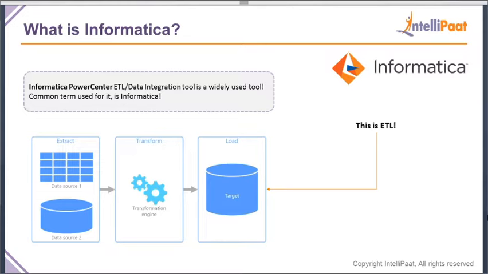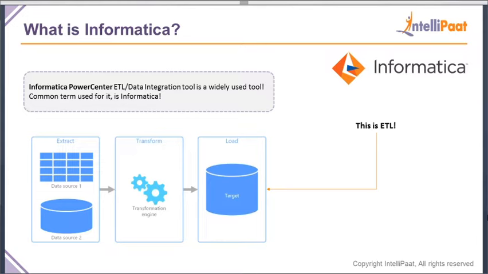Let me give an example. I have a source with 10 columns and 1 lakh records. After loading into the target, the column level might increase or decrease, it doesn't matter. The row count should be the same, 1 lakh records, I need to populate it. Such cases are called passive transformation. Whereas in active transformation, I have the same source, 10 columns, 1 lakh records.